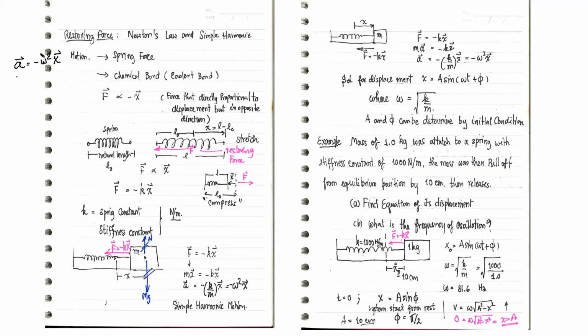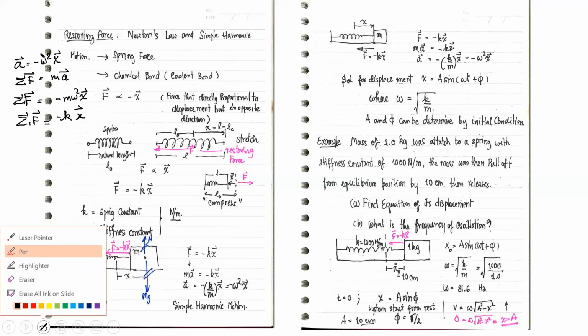Now, according to Newton's law, the summation of F must equal ma. So the summation of F for this case must be minus m omega squared x, or we can write that the summation of F is equal to minus kx, which is the equation for harmonic motion.